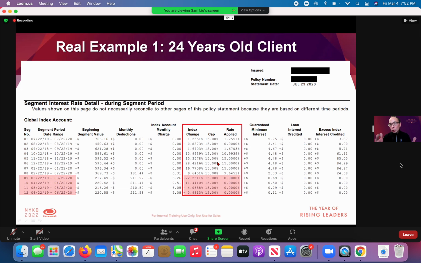You can show maybe 12. Or you can explain to the client that in this example the cap is 15%, but the cap is subject to change depending on the market. The key point is to highlight the negative months, where you don't lose money with the plan.